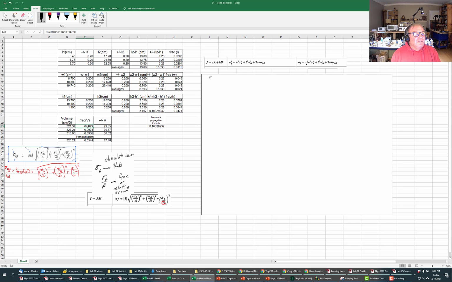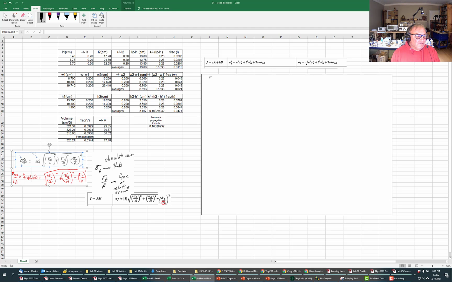We calculated the fractional error on V, and then we used this formula here. And in fact, we used the lower one first, and then we used the upper one to get the plus minus by simply multiplying the fractional error on V times the actual value itself.